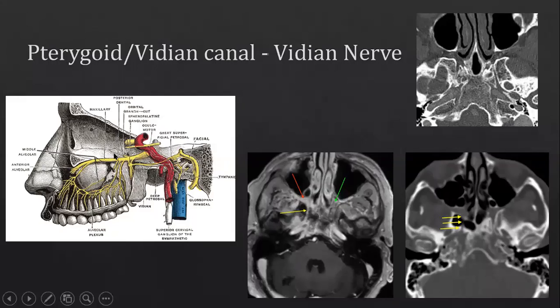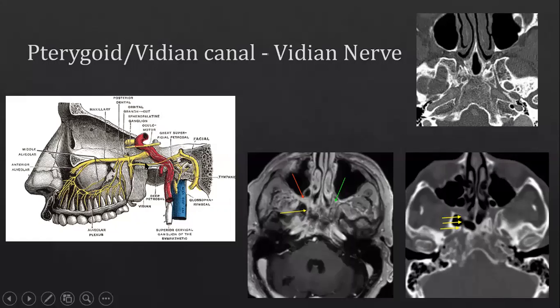Now I don't know if you will remember, we talked about the Vidian nerve. It contains the secretomotor fibers, the parasympathetic outflow from the facial nerve via the greater superficial petrosal nerve, and it goes through the Vidian canal, which is this canal over here between the sphenoid and the pterygoid, leading into the pterygopalatine fossa.